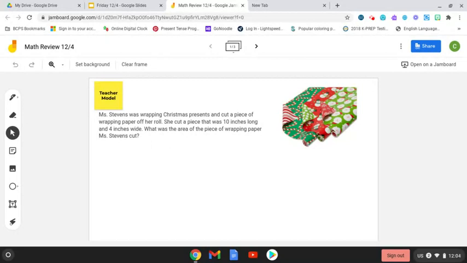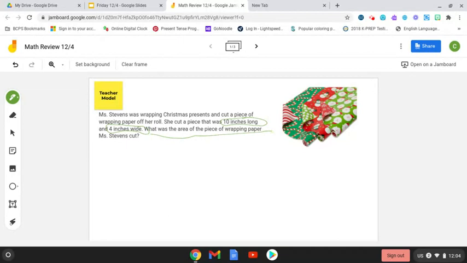Okay. So the first thing that I want to do is I want to think about what I know about area, okay? I'm also going to try to find some information in here that is going to be important for me. So I know that I cut a piece that was 10 inches long and 4 inches wide. And I know that they want me to find the area, okay?